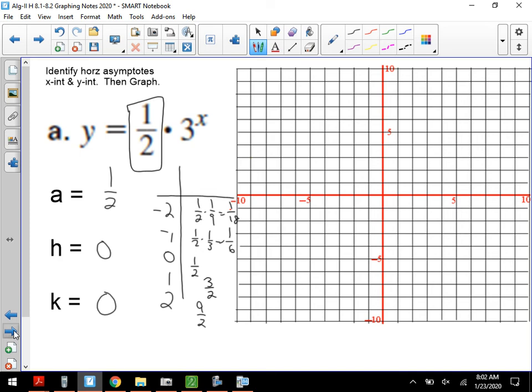So we go back with our h value and our k value being 0. We know that our horizontal asymptote is at 0. It's our k value, so we know that's here. From there, at -2 was 1/18. That's about here-ish, and then here-ish. Then it jumps to 1/2. Then we're at 3/2.